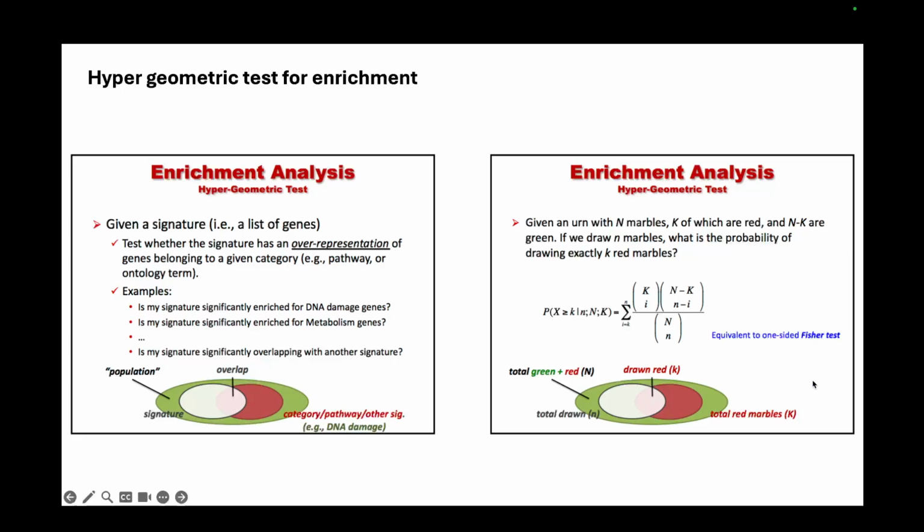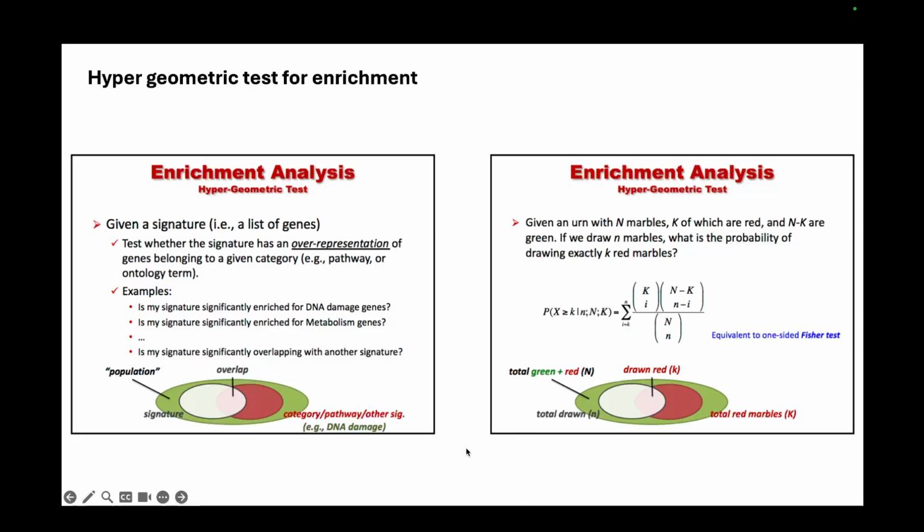This Venn diagram is showing you the total green plus red, this is your total sample size, and out of that you'll have small k drawn red marbles. This denotes the total red marbles, this denotes the drawn red marbles, and this denotes the total red and green that are present in the system.